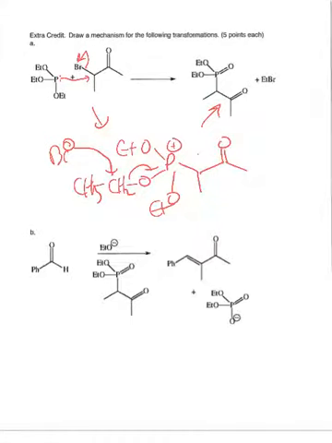Then here, as I alluded to earlier in the mechanism, we pull off the acidic hydrogen to get to the phosphorus with the double bond and negative charge.